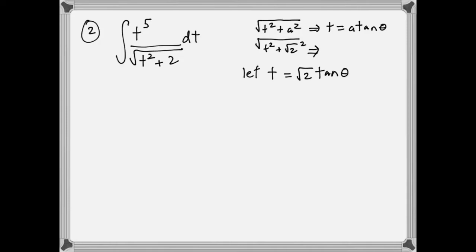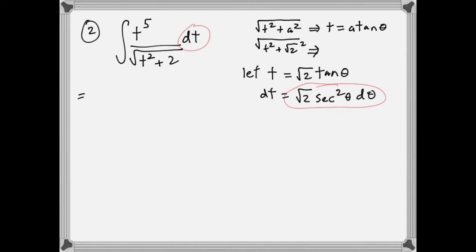All right. So, again, always find dt right away. So what's the derivative of tan theta? It's secant squared theta, right? So we're going to get this. So now we're going to replace dt with this, and we're also going to replace every t that we see with square root of 2 tan theta.